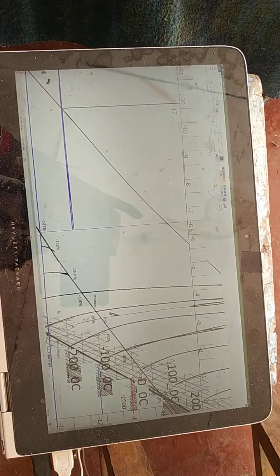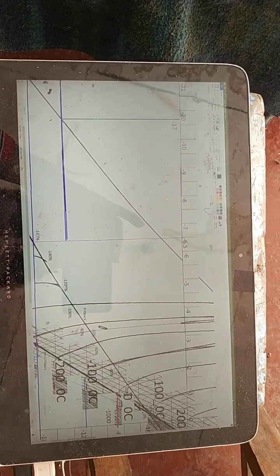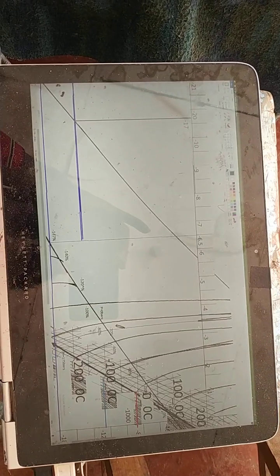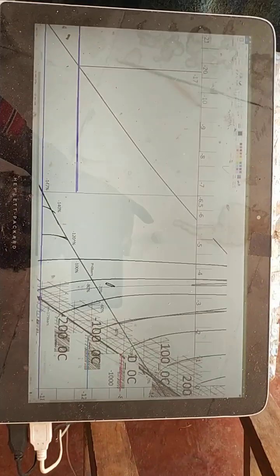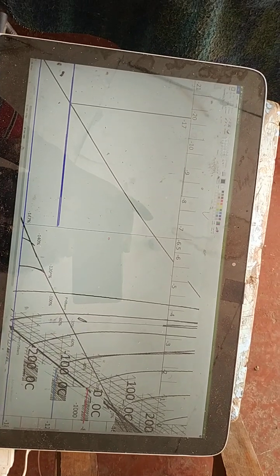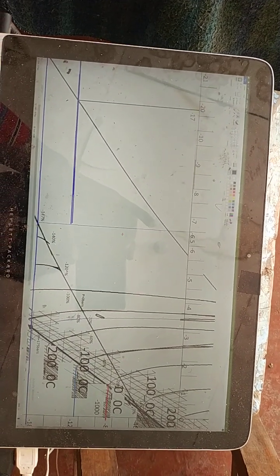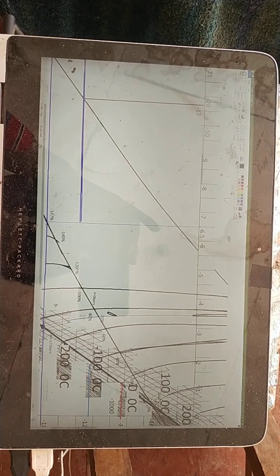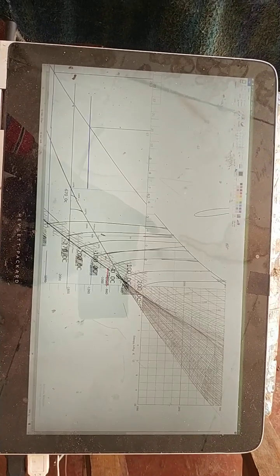Was working on this concept in thermodynamics. So the main thing is I found, when you go negative, so like this is a table, the Mollier chart.